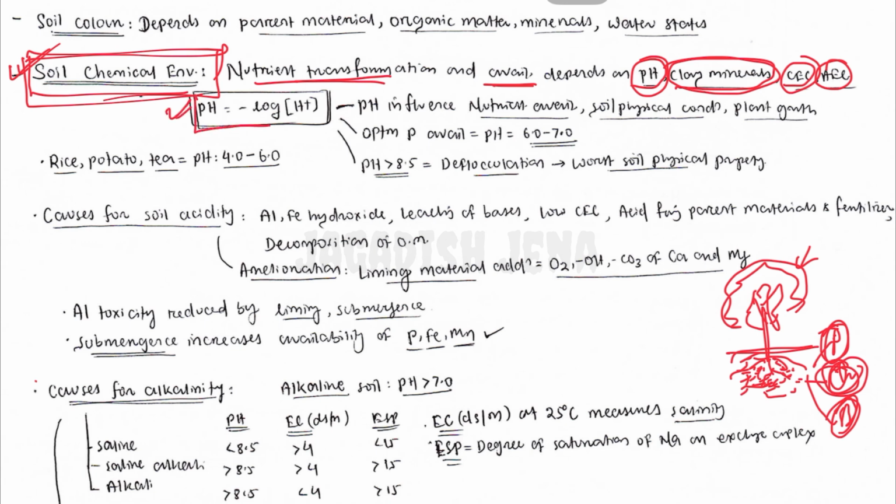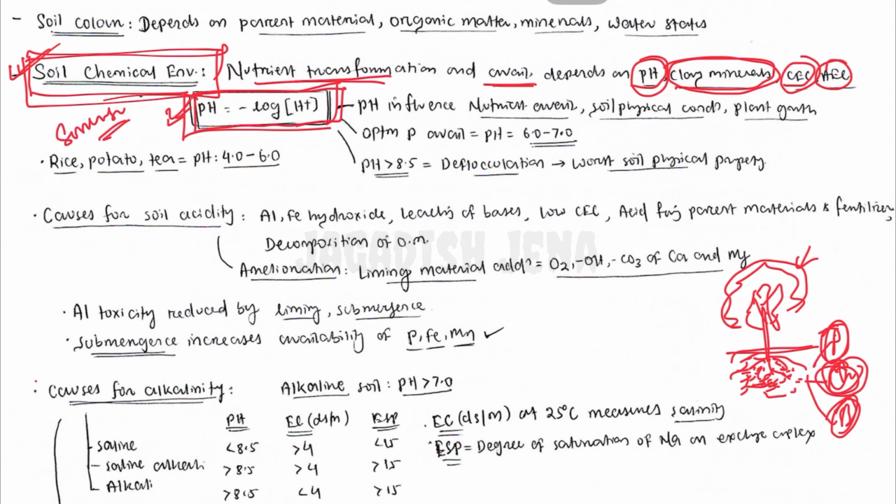So what is pH? pH is the negative logarithm of hydrogen ion concentration. The amount of hydrogen ion concentration in soil, if we convert it into negative logarithm, that is, minus log H plus, is pH. The pH scale was given by S.P.L. Sorensen.